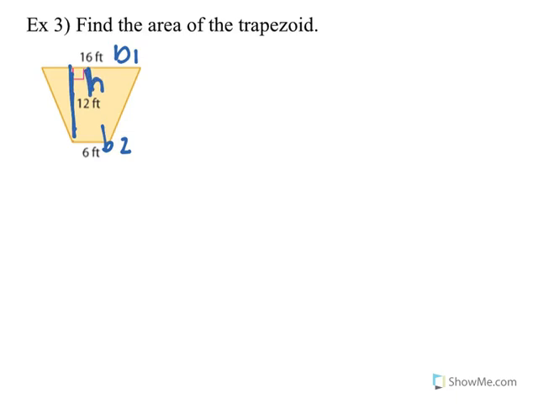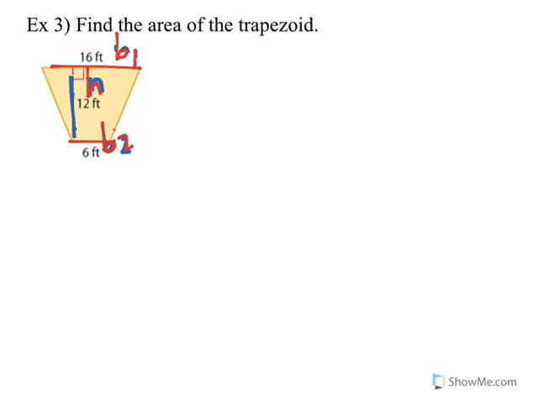Now, your base 1 and base 2 will never ever be the sides that I outlined in red. They will always be the sides that are parallel to each other. And I think we talked about this when we talked about trapezoids a little bit. So base 1, base 2, and the height.